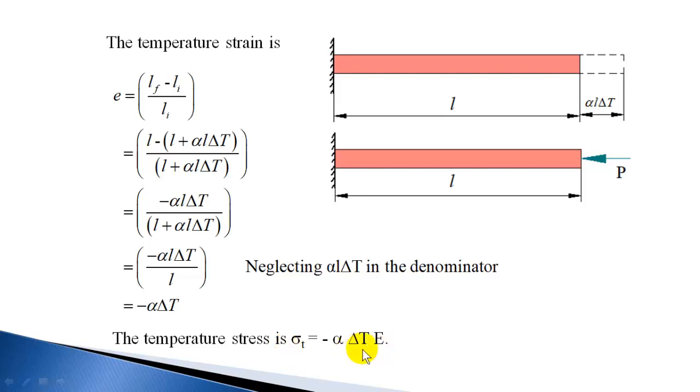If it's a contraction, delta T will be negative, you will get a positive value, and if contraction is prevented, the formula will give a positive value of stress, that means tensile stress. So this is an expression for the complete prevention of expansion or contraction. No amount of expansion or contraction is permitted in the bar.